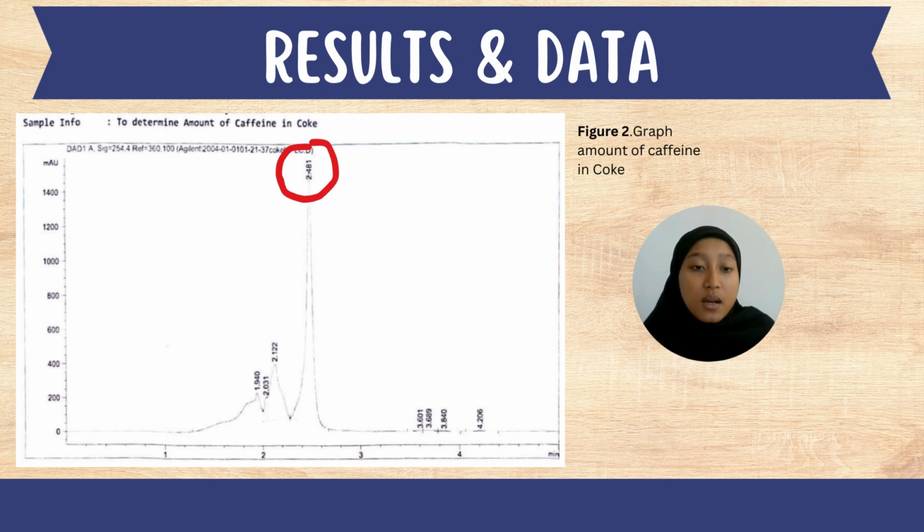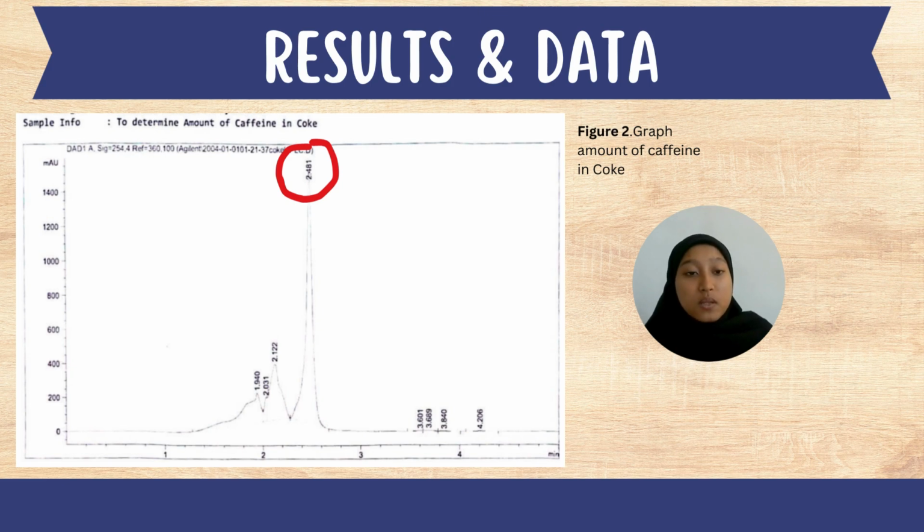Alright, so let's move on to the second figure, which is the graph of the amount of caffeine in the Coke sample. If you look here, there are a few peaks in this sample. We have like 7 or 8 peaks in this graph, but one of the highest peaks has a retention time of 2.481 minutes, which determines that there is the presence of caffeine in the Coke sample.